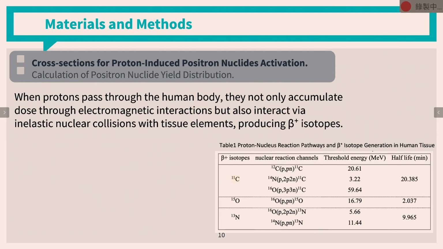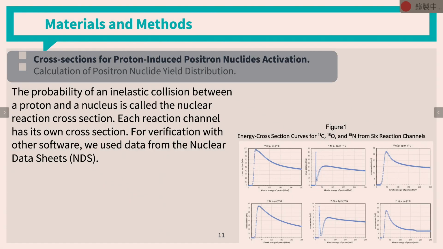The probability of inelastic nuclear interaction between protons and atomic nuclei is described by the nuclear reaction cross-section, and each reaction channel has its specific cross-section. For my study, I chose to use cross-section data provided by the Nuclear Data Services, NDS. The NDS database is maintained by the U.S. National Nuclear Data Center under the supervision of the International Nuclear Data Committee.